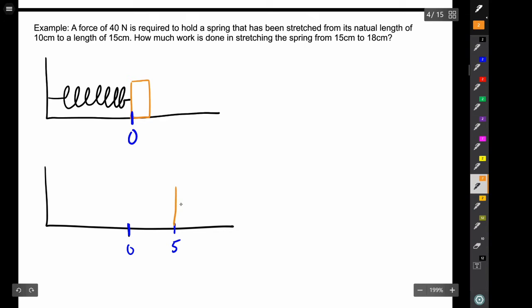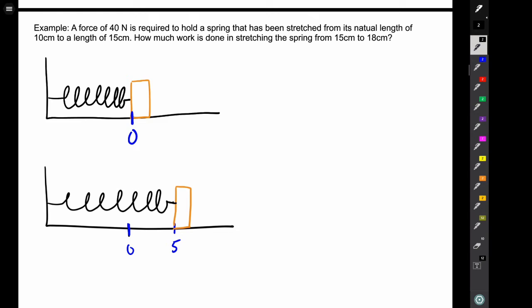Right, so we want to stretch it to here, right? All right. So we know this information. We know that it takes 40 newtons of force to stretch it this far.